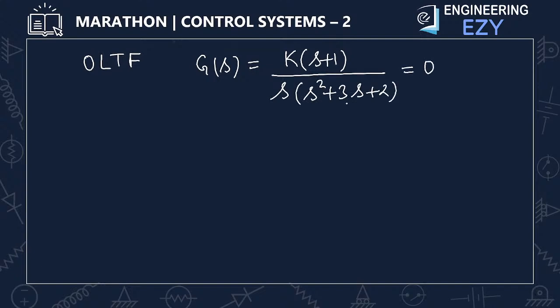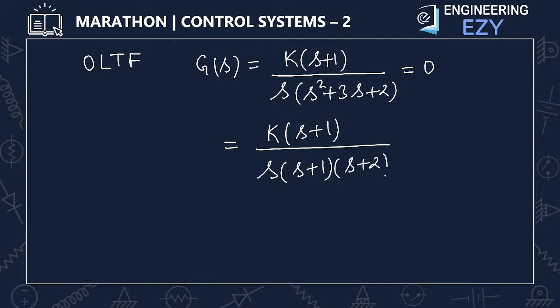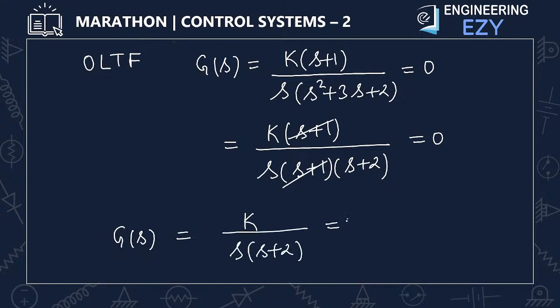If you factorize the denominator further, s square plus 3s plus 2 is (s plus 1)(s plus 2). S plus 1, s plus 1 cancelled out. So open loop transfer function G(s) can be written as K upon s(s plus 2).